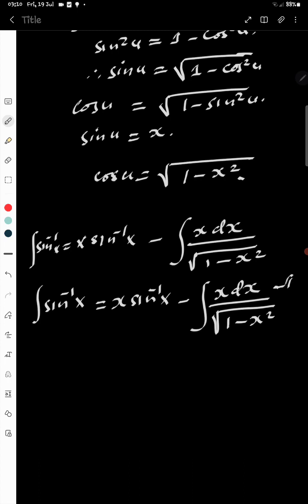Now this is equation 1. We are going to solve this by substitution.